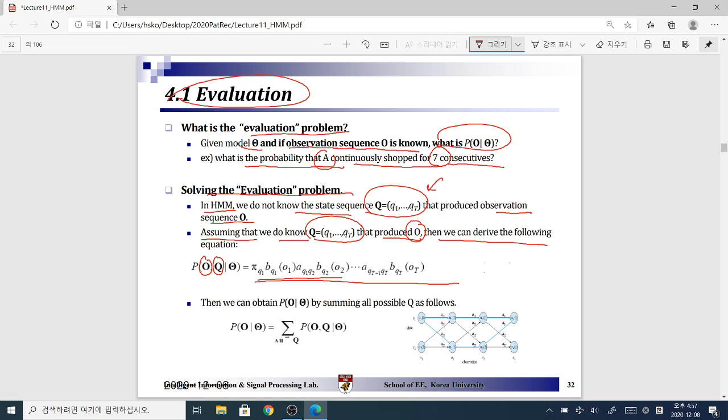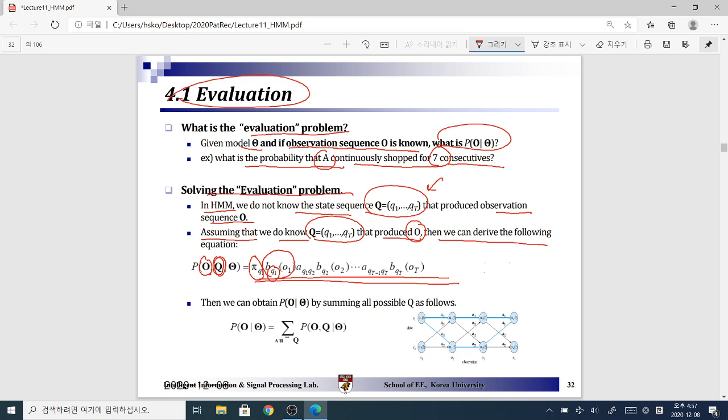Then this would essentially be the probability of the observation sequence, as well as, simultaneously, the state sequence. For example, we start off with the initial state with that probability, and then that's multiplied by the specific observation at, say, state Q1.